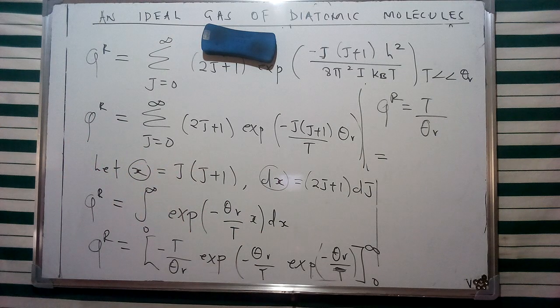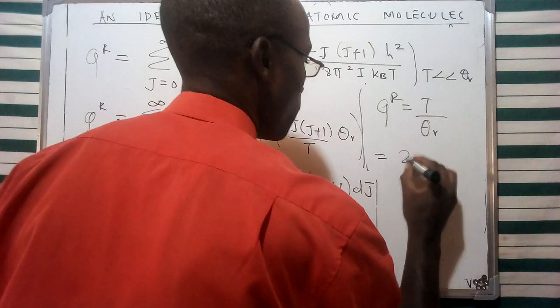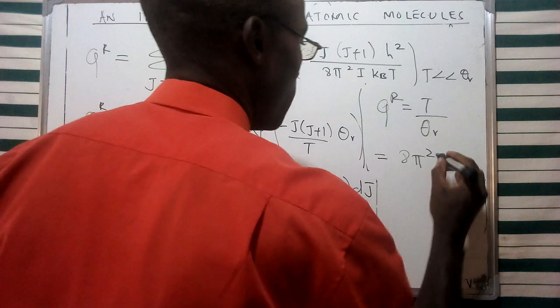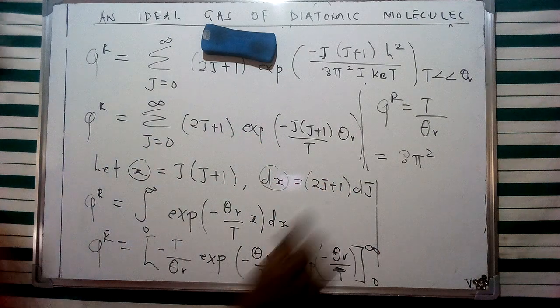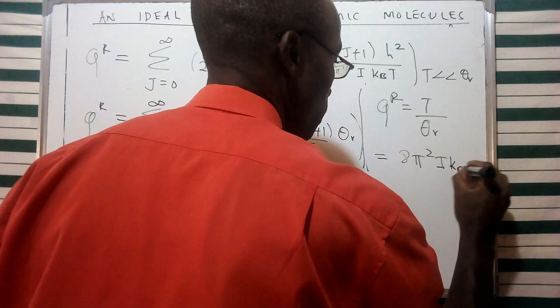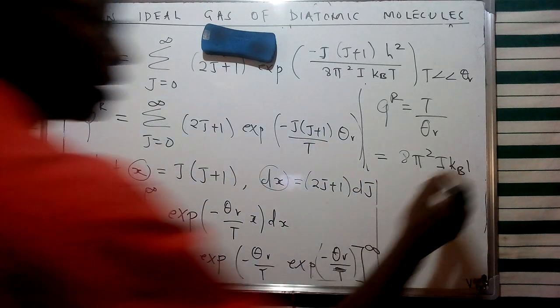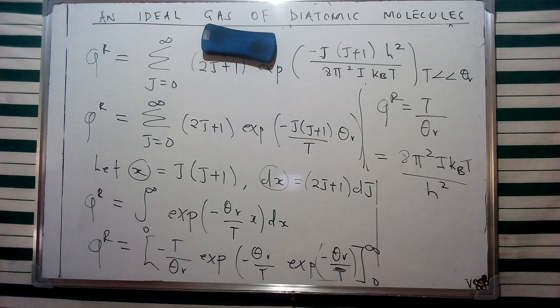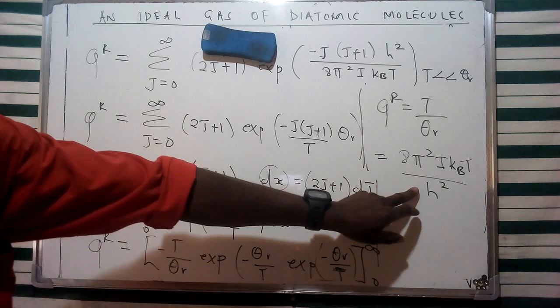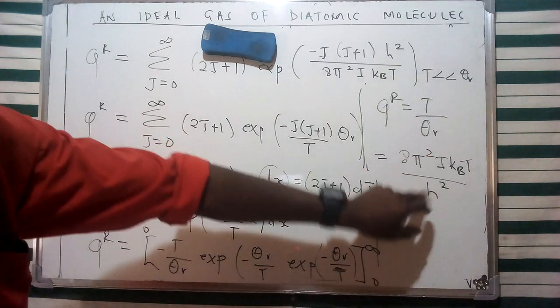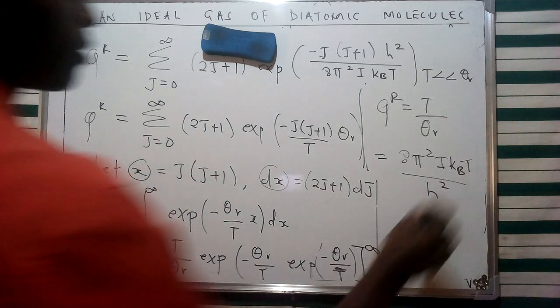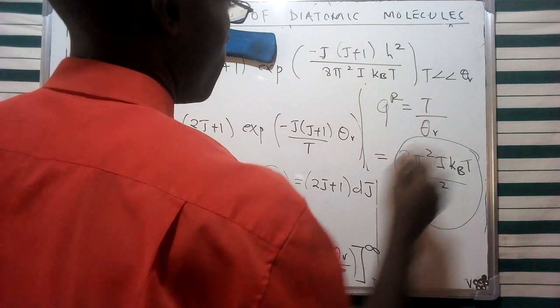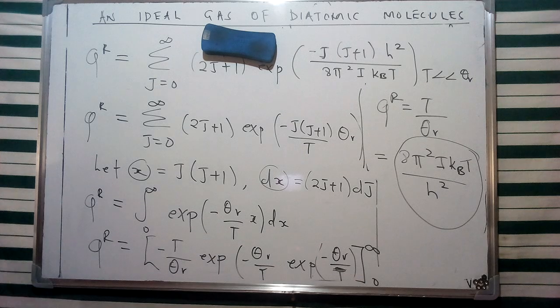So we're going to do a substitution for that rotational temperature, which is 1 over 8 pi squared, the moment of inertia, kB T, and 1 over Planck's constant squared. In this case we have included the temperature T. And this is going to be the final representation for the rotational partition function of an ideal gas of a diatomic molecule given in that specific representation.